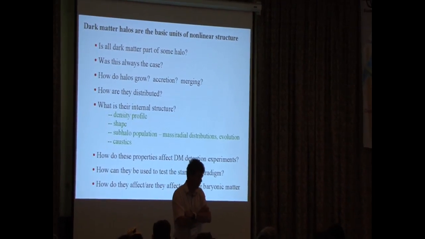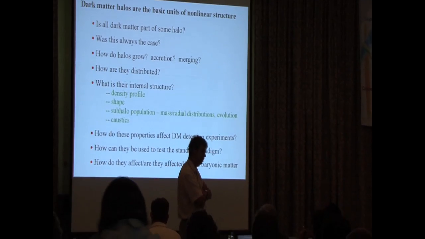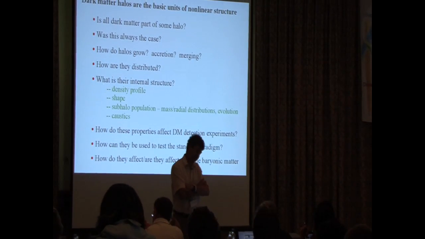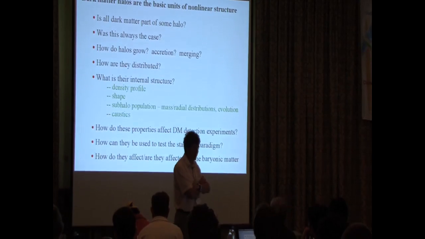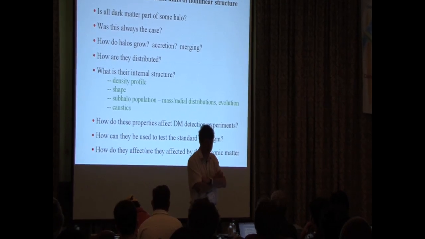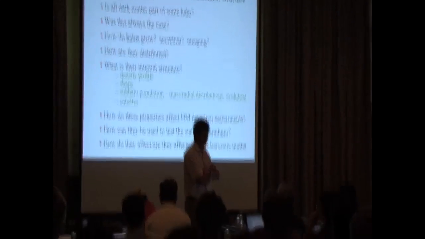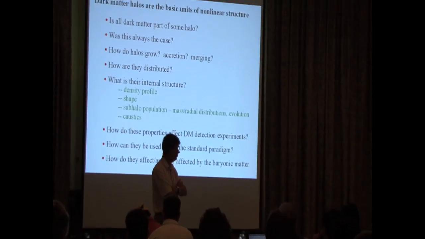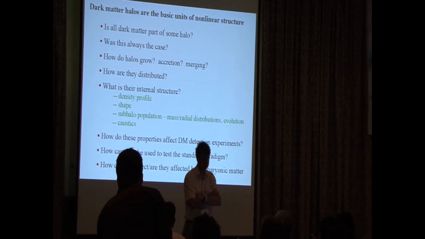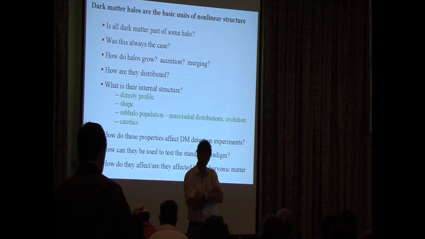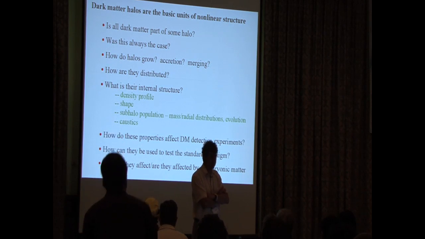What is the typical mode by which these halos grow? Do they collapse in a single unit? Do they gradually accrete, like a black hole perhaps accreting mass at the center of a galaxy? Do they grow by merging? What is their spatial distribution? What is their structure?